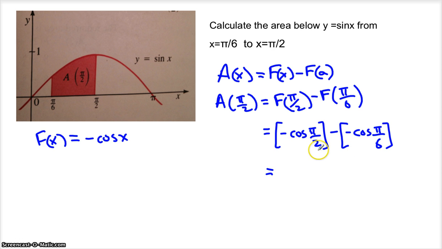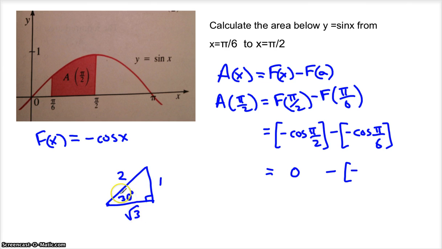Cos of 90 degrees is 0, so negative 0, so we'll just put 0 here, minus, we have cos of 30 degrees. Now that is a special triangle, so let's draw that special triangle. 30 degrees, let's put that in here, so that's 30, that's 60, that's 90, so that's 2, across from the 30 is the 1, and then you have the root 3 over here.